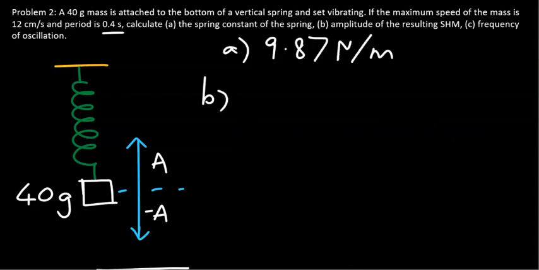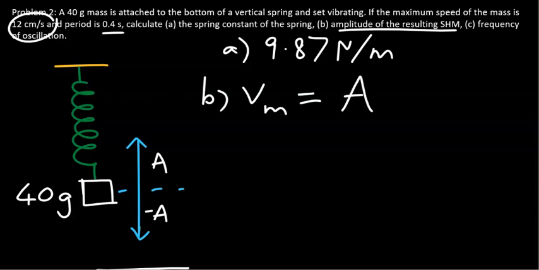Next, the amplitude of the resulting simple harmonic motion. Now we can use the fact that the maximum speed of the mass is 12 cm per second to determine the amplitude. Remember, the expression for the maximum speed is given by the amplitude of the oscillation times the angular frequency. The maximum speed is 0.12 meter per second.